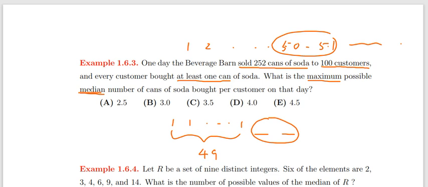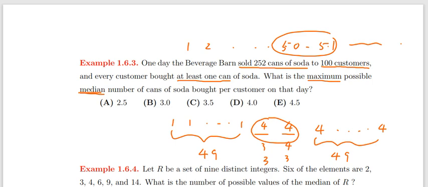Those numbers could be 4, 4, 4, and there are also 49 of them. This pair can be 4, 4, or 4, 3, or 3, 3, or 3, 2.